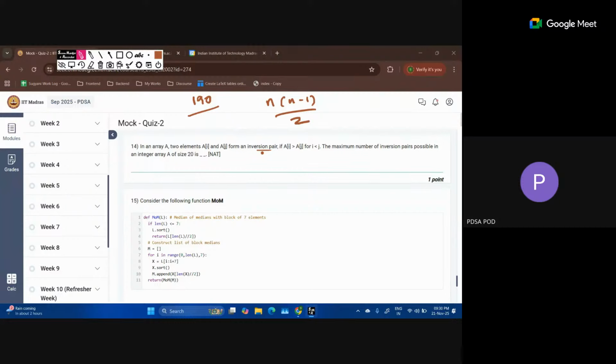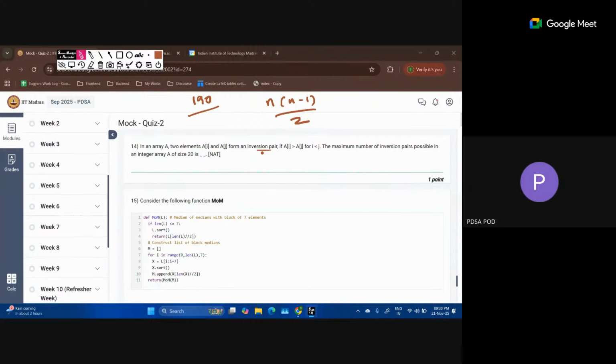So the maximum number of inversion pairs occurs when your array is in descending order. When your array is in descending order, the total number of inversion pairs will be equal to the number of elements to the right at every index. So for every index, whatever number of elements are on its right, that will be the number of inversion pairs for that particular index.